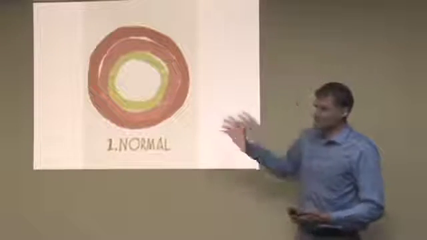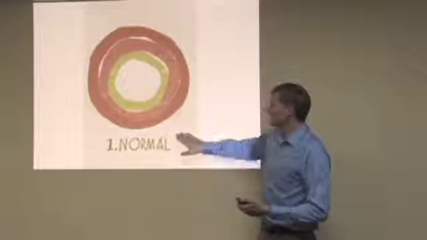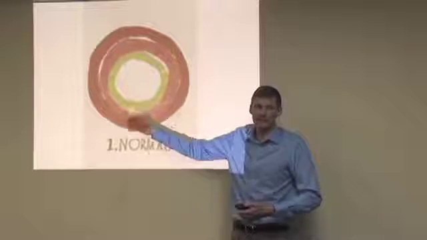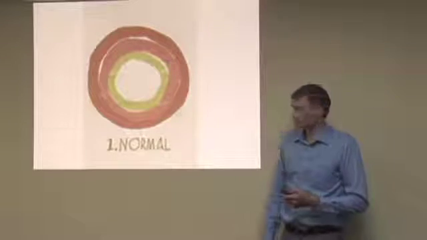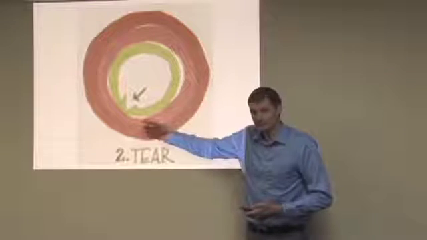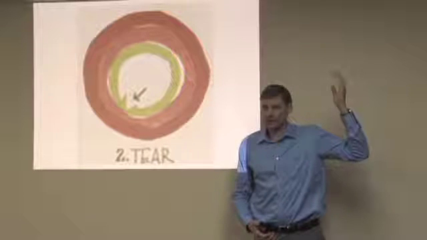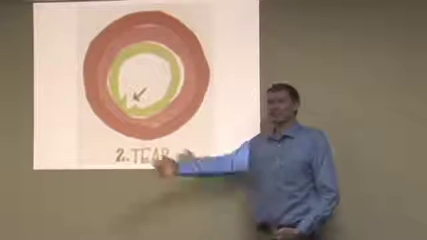Here's a normal artery. This is a drawing, obviously, it's not a picture. And the point here is that arteries have different layers. It's muscular and there's an inside lining. Okay, simple enough, right? So here's the beginning of heart disease. There's a tear. Raise your hand if you knew this already, that there's a tear that starts the process of clogged arteries. They don't talk about this on TV.